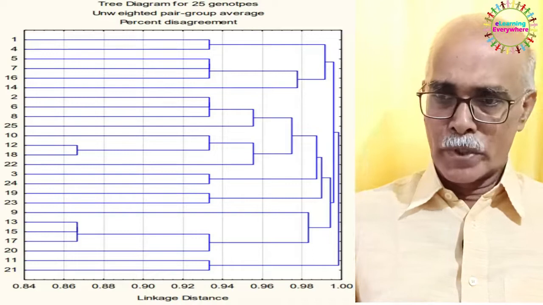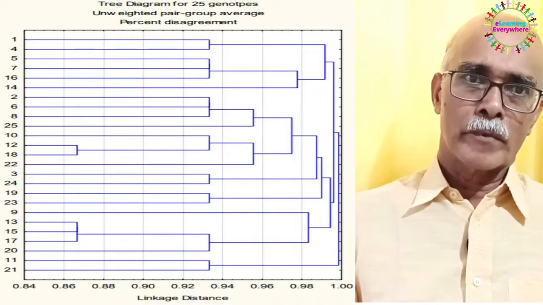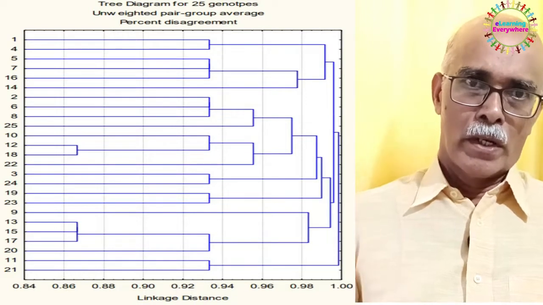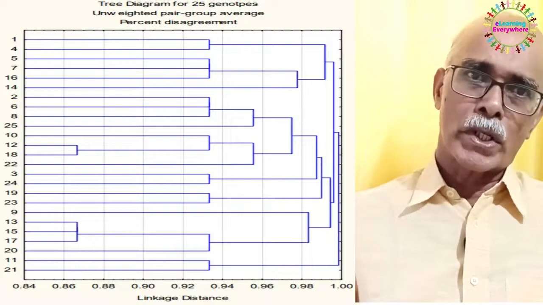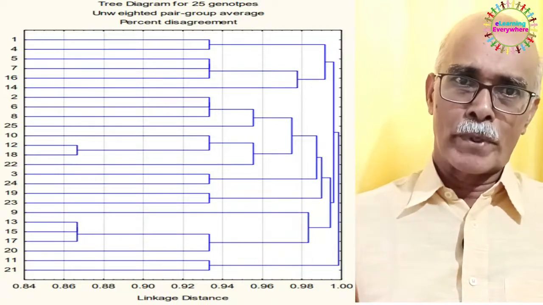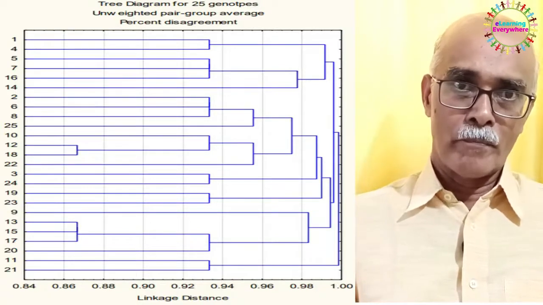Through the analysis you will be getting a dendrogram, and in the dendrogram you can see that the genotypes have been presented at different positions in the tree diagram, and each genotype represents a leaf of the dendrogram.